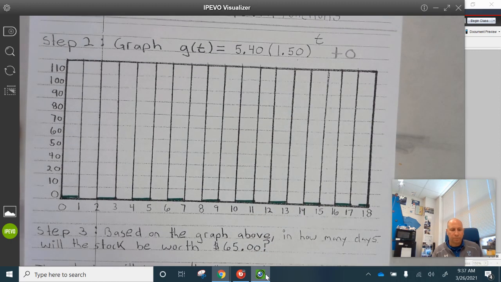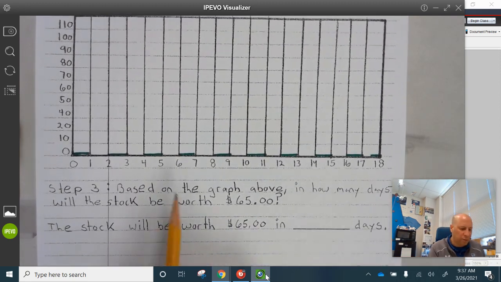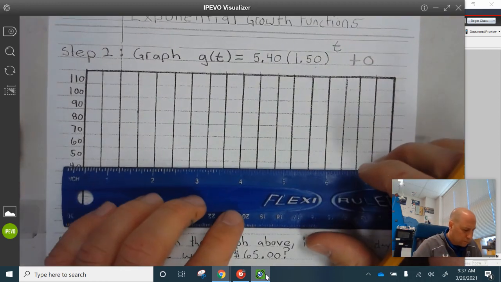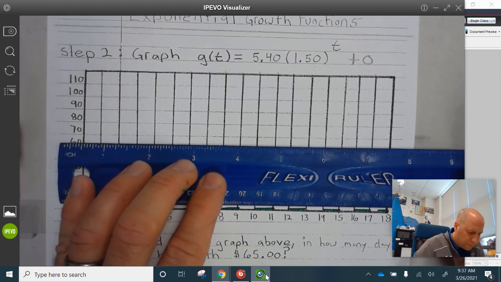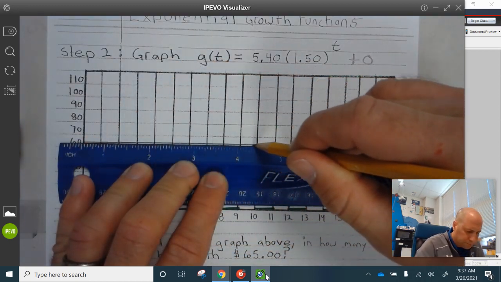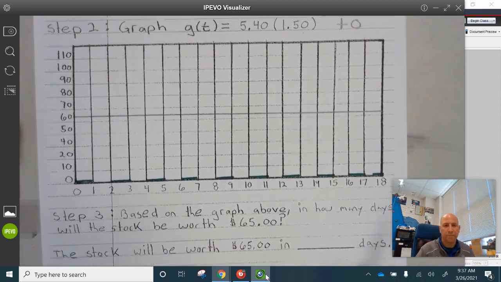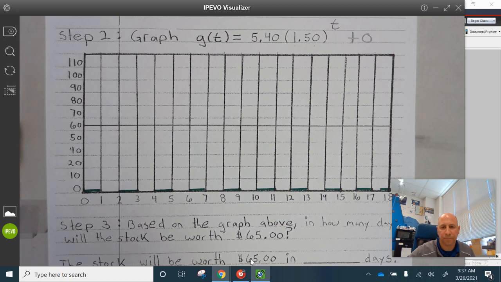Now, we want to know when the stock will be $65. So we're going to put a horizontal line at 65. Okay. And let's go ahead and graph this.